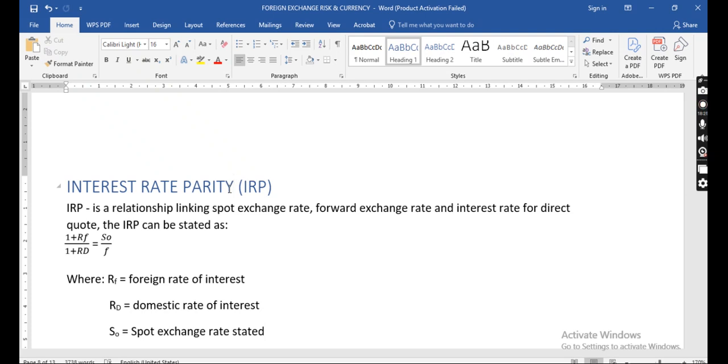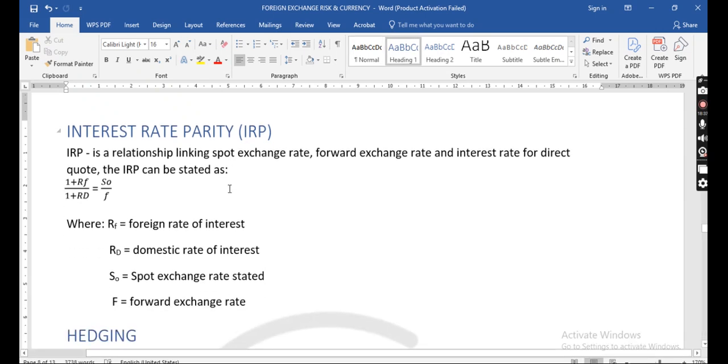Class, am I communicating? So these are the relationships in foreign exchange. What it means is that when you want to determine your forward rate, it will be stated in the question that you should use interest rate parity or purchasing power parity.